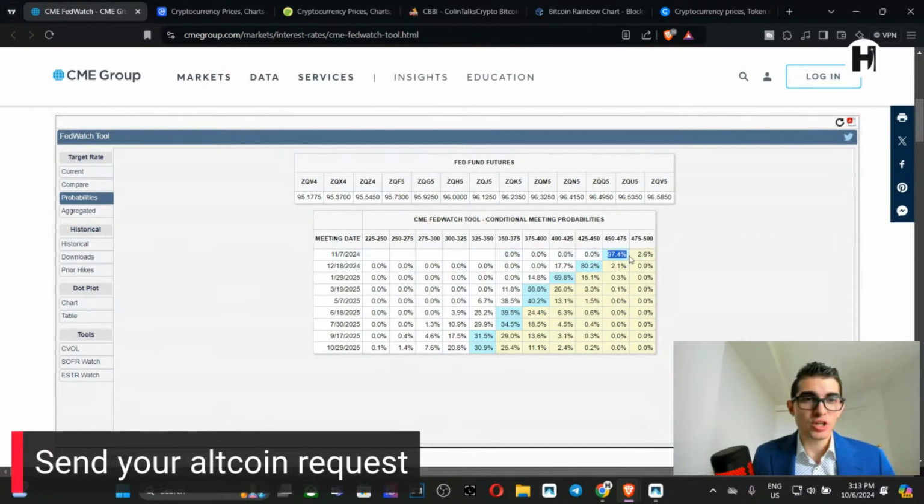Things can change very, very quickly once we have maybe more news coming out. Because the CME FedWatch tool is accurate most of the time, if the investors are for the most part expecting a cut, then there will be a cut.